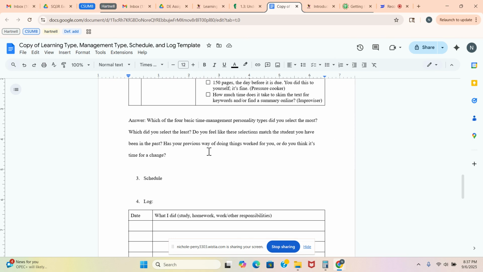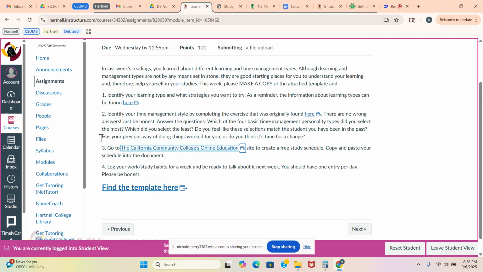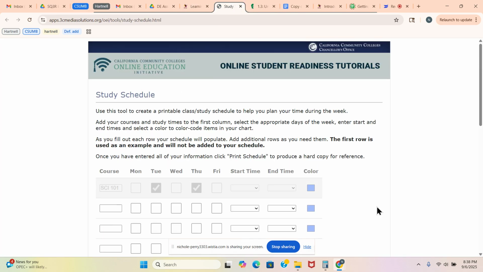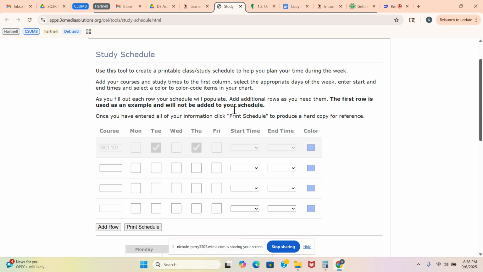It's just a way for you to reflect on what you've done in the past and what you want to continue to do and what you might want to change. So that's number two.